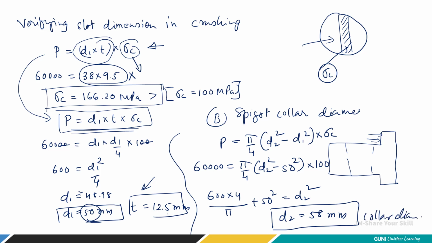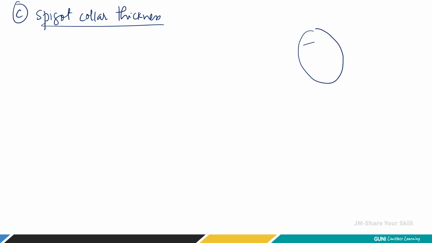Now let's find the spigot collar thickness. Again let's consider the same area. This is the spigot having a slot over here. This is the thickness and this is the rod end.